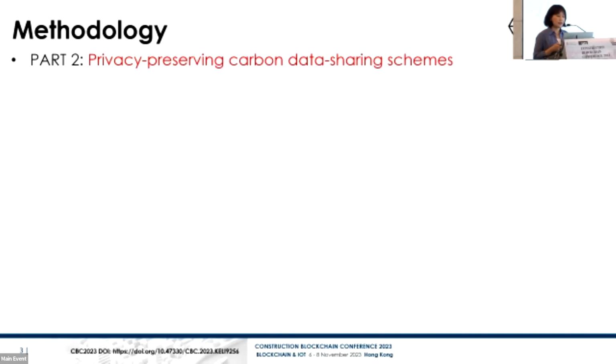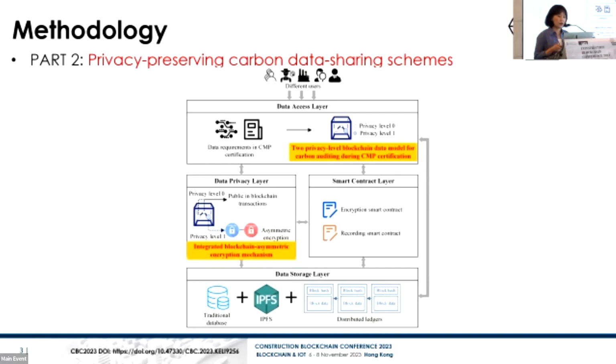For this part, our contribution is that we propose a customized and secure carbon data sharing mechanism for blockchain-based carbon auditing. And in the next part, as I mentioned before, carbon data privacy is a problem when we try to implement blockchain technology in these certification schemes. So in this case, we propose a whole architecture which integrates a data privacy layer to protect such carbon data privacy.